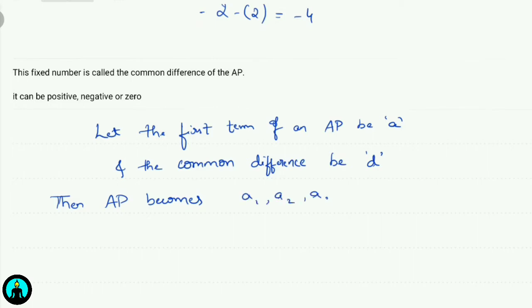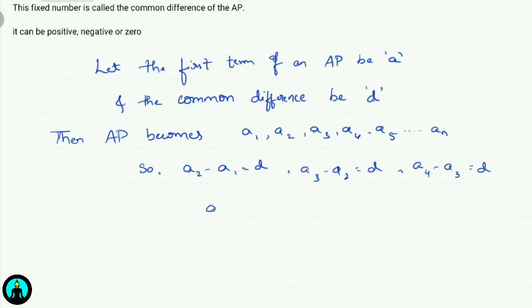So here the common difference is A2 minus its preceding term A1, which is equal to D, or else A3 minus its preceding term A2 will be equal to D. Similarly A4 minus A3 will also be equal to D. Lastly AN minus AN minus 1 will also be equal to D.